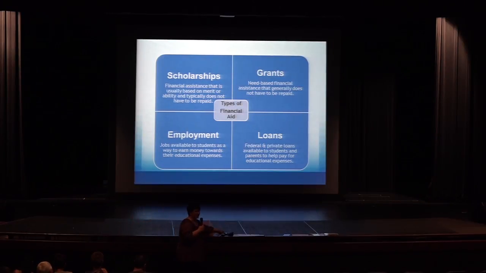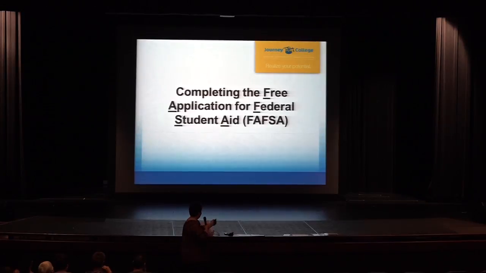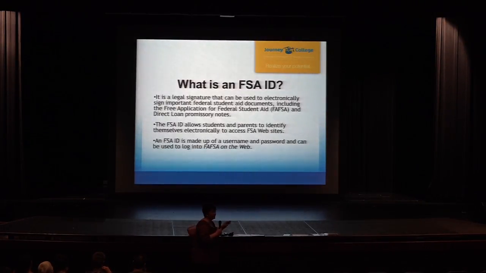So that's why it's important, if you've already completed the FAFSA, great, and I may bore you for a little while because I'm actually going to talk a little bit about it. The first thing that you have to do to complete the FAFSA is to get an FSA ID. Can I get a show of hands of how many people have actually got their FSA ID?